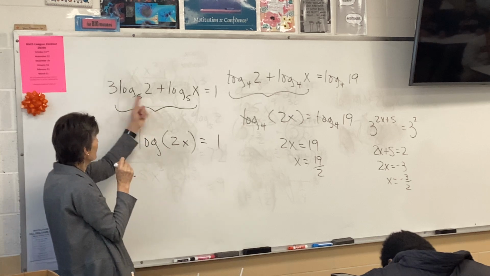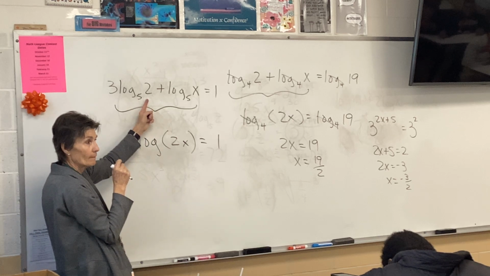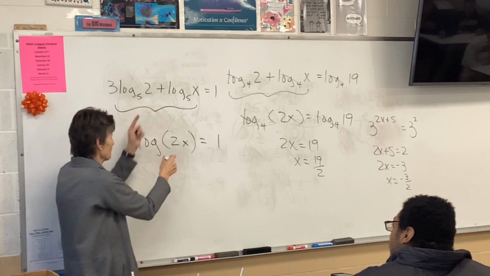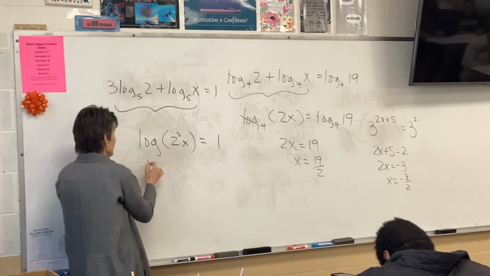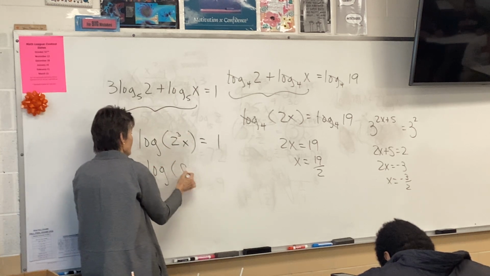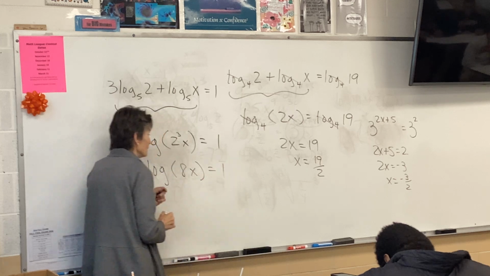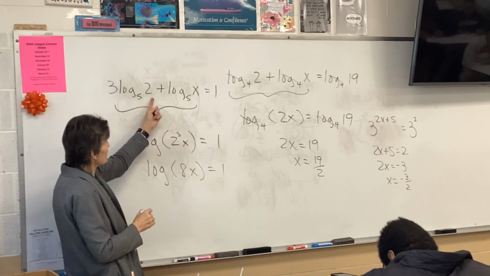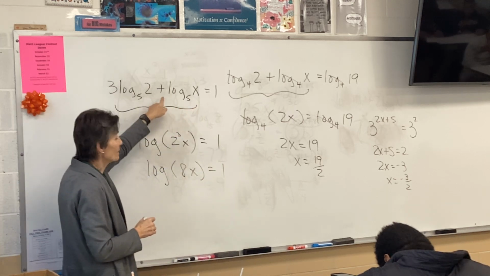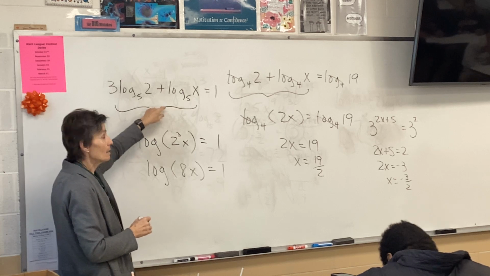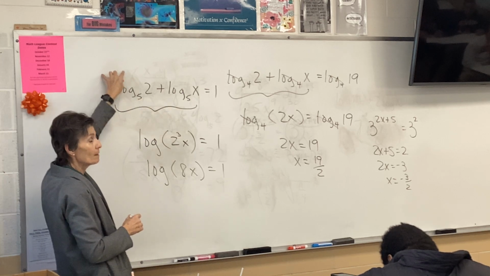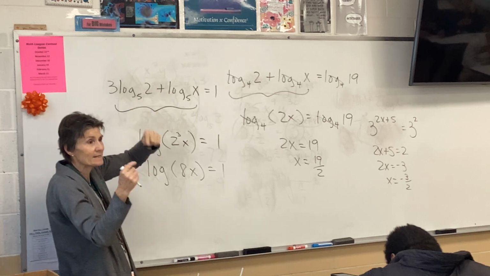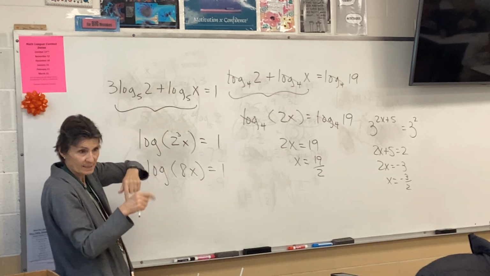Isn't that an exponent on just the 2? What's 2 cubed? 8. So again, these are getting multiplied because of the plus. But that coefficient becomes an exponent on what it's attached to. And it's attached to the 2.